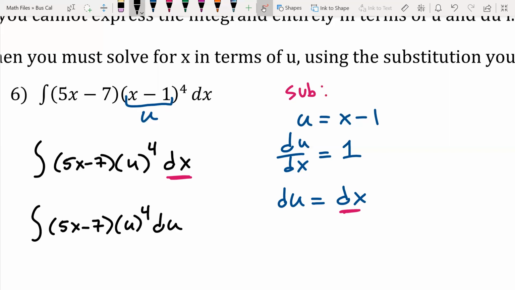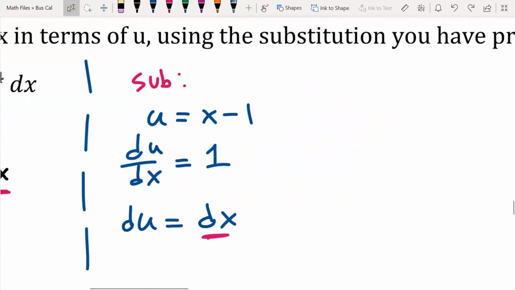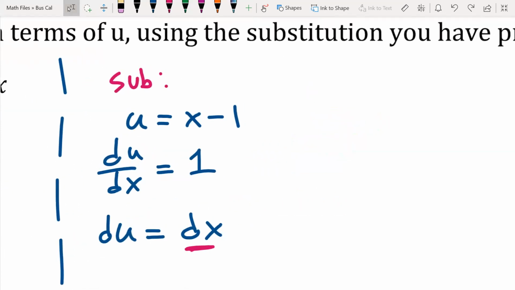But we want this integral all in terms of u. So we have to do something about this guy, 5x minus 7. And the only way to get rid of that x is to make a substitution based off the substitution we made already. What we're going to do is solve u equals x minus 1 for x.